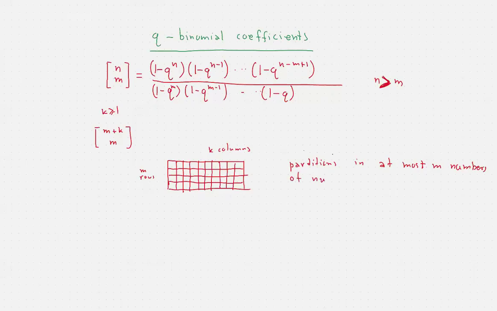So the numbers that you can use in these partitions cannot exceed k, and you cannot have more than m of them. So for example, to give an idea of what is going on here, let's say that I'm singling out this particular Young diagram as a simple example.